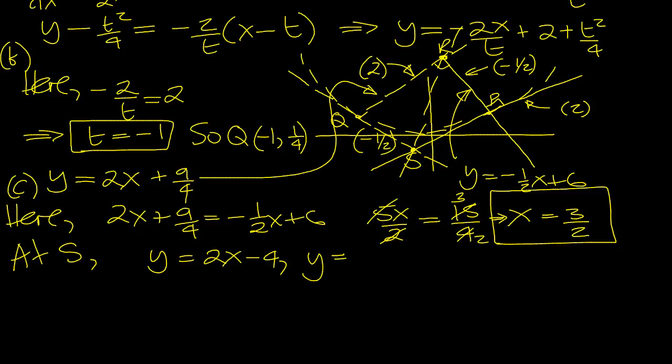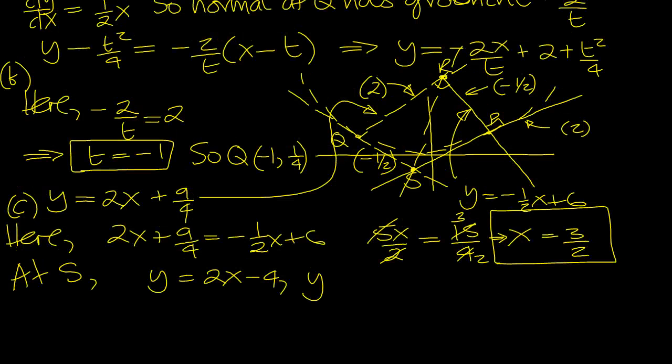y minus the x value at Q. Now Q has coordinates minus 1, so y minus minus 1 is y plus 1, is equal to the gradient, minus a half, times x minus... oh, y minus a quarter. Yeah, I shouldn't have put that, sorry.